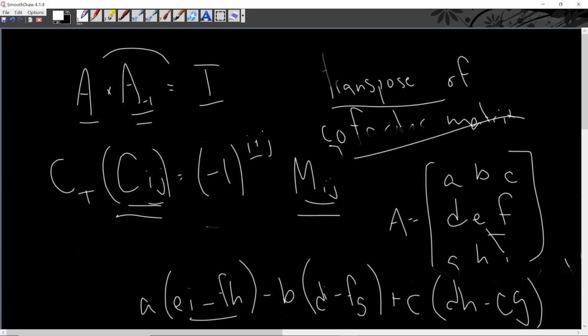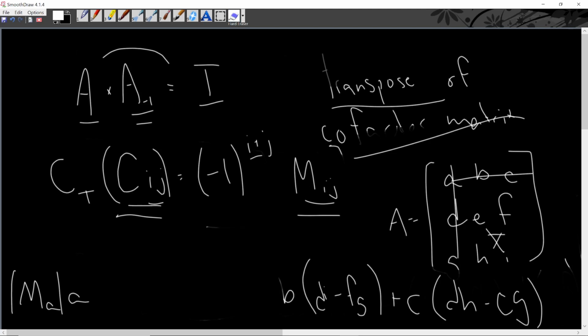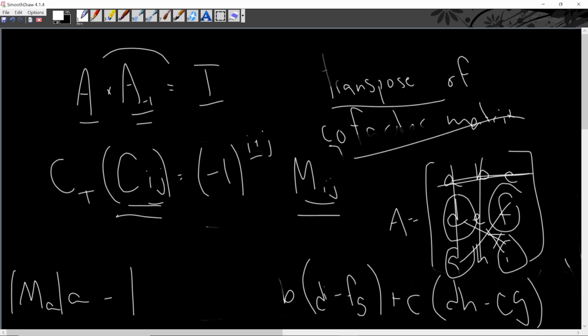If you just do the minor of A, you're going to have this E, F, H, I. So you do the minor of A times A, and then you do the minor of B: you block out this row and column and you're left with D, G, F, I, so DI and FG.